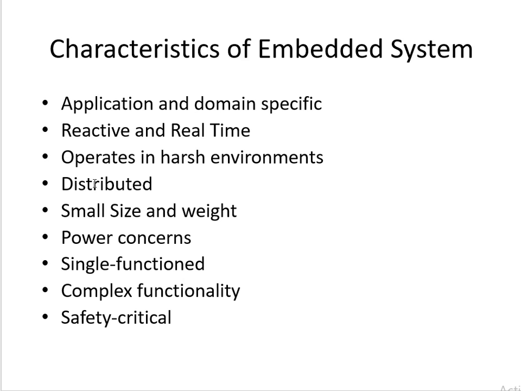Another important parameter is the third one, operates in harsh environments. What does it mean? The design of embedded systems should take care of the operating conditions of the area where the system is going to be implemented. For example, if the system needs to be deployed in a high temperature zone, then all the components used in the system should be of a high temperature grade.